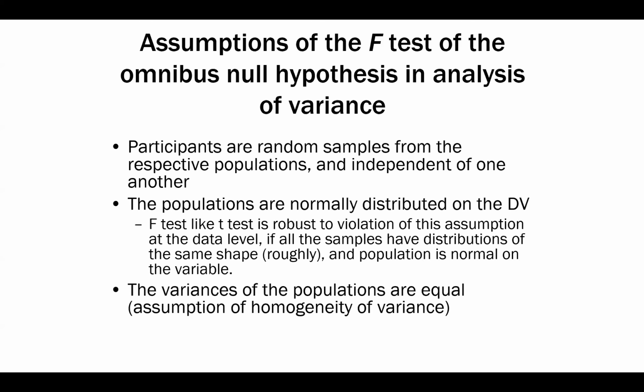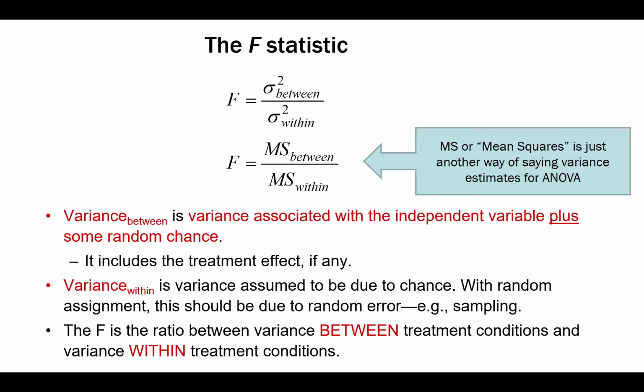And importantly, the variances of the populations are equal. This is the assumption of homogeneity of variance. It is tested in most computing programs, and for the purposes of this demonstration, we are going to take it as given that this assumption is upheld.